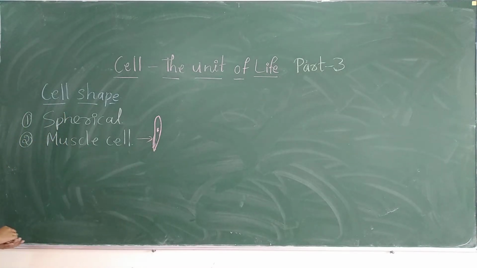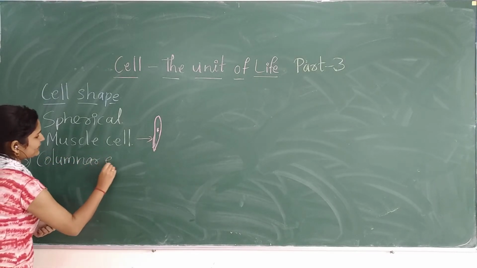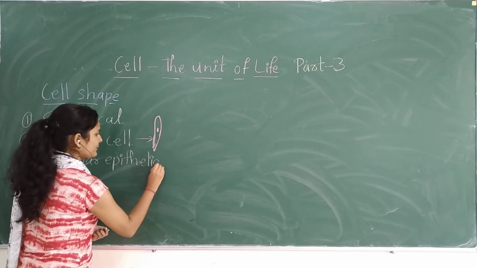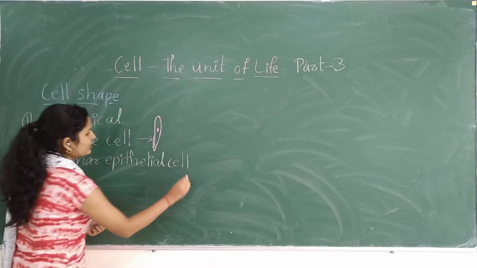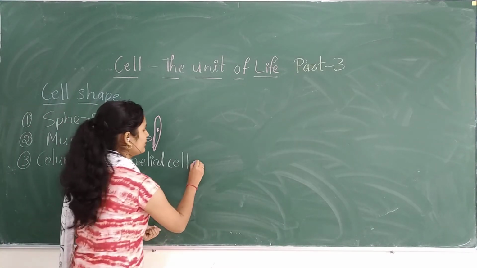Next, another type of cell is the columnar epithelial cell. As the name itself suggests, it will look like a column.